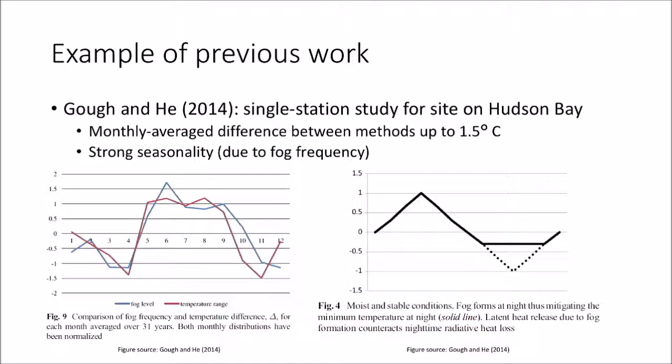They also saw a strong seasonality. As we know, the daily temperature curve isn't going to be the same throughout the year, especially in a place like here where you have strong seasonality. And in this case, the strong seasonality and the difference between methods, again born from changes in the nature of the daily temperature curve over time, was due to the fact that they have a strong pattern of fog during certain times of year.